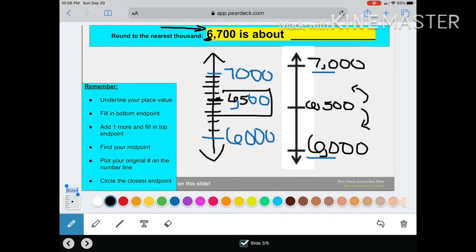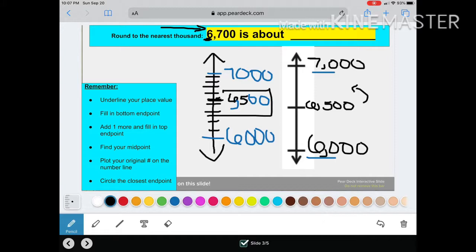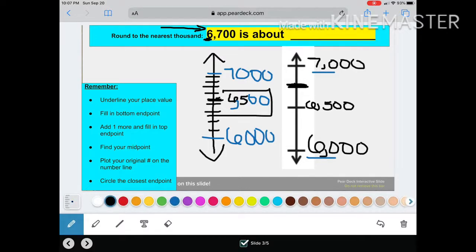Yeah, it's more than my midpoint, you guys, because 6,700 is more than 6,500. In fact, 6,700 is about right here. So friends, we're going to go ahead and put 6,700 on our vertical number line. 6,700.